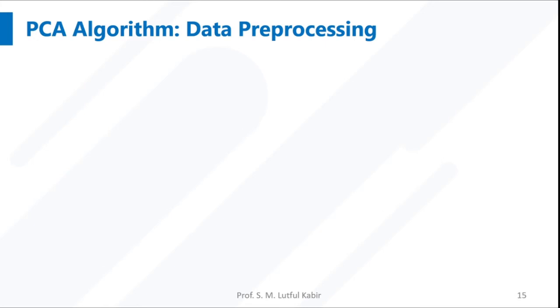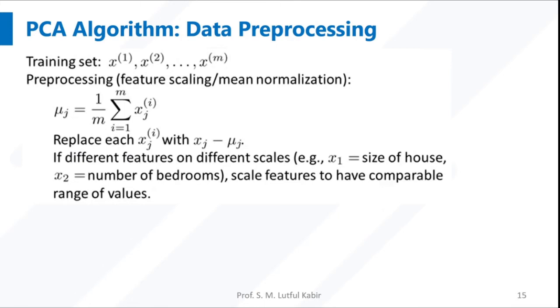You have a training set x1, x2 up to xm, and you do pre-processing by feature scaling and mean normalization. You calculate the mean mu j and subtract it from each xj so that the average is always zero.